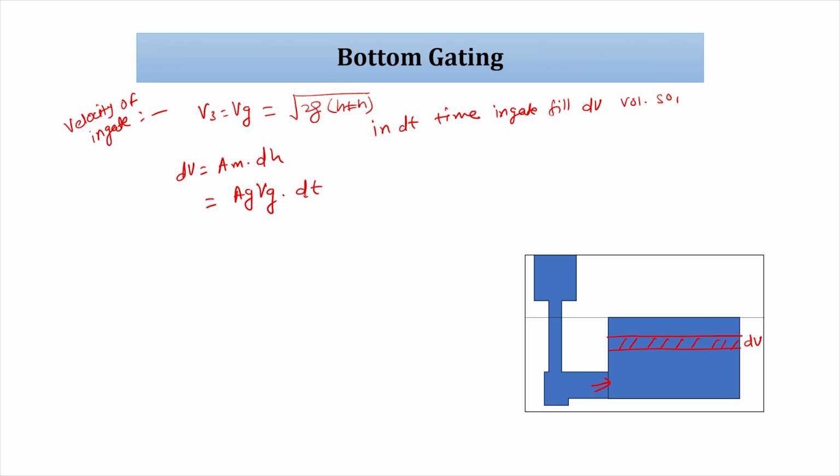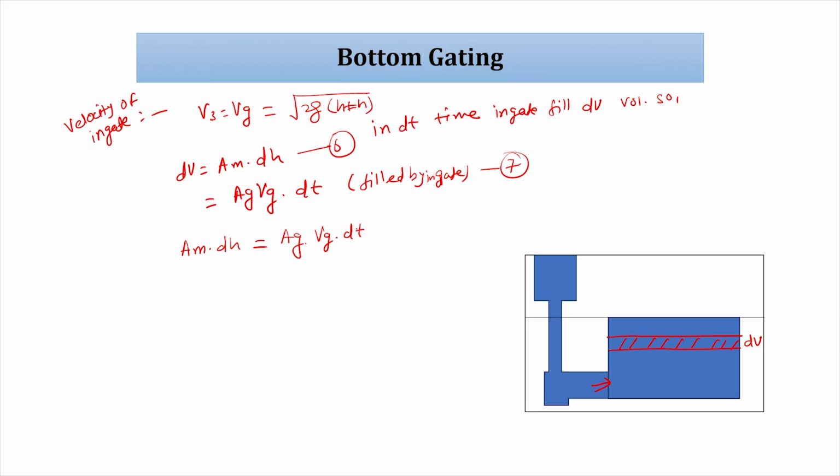In dt time, how much volume is going to be filled by the gate? Okay. So, equations 6 and 7. Am dH equal to Ag Vg dt.